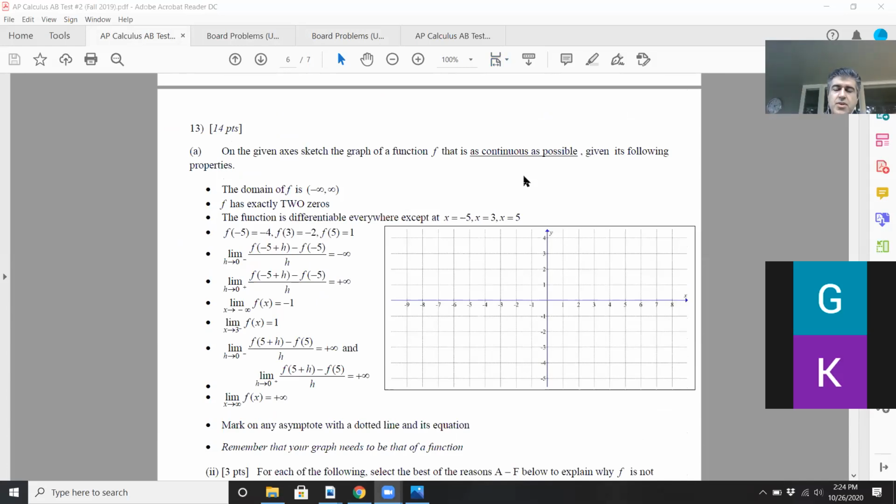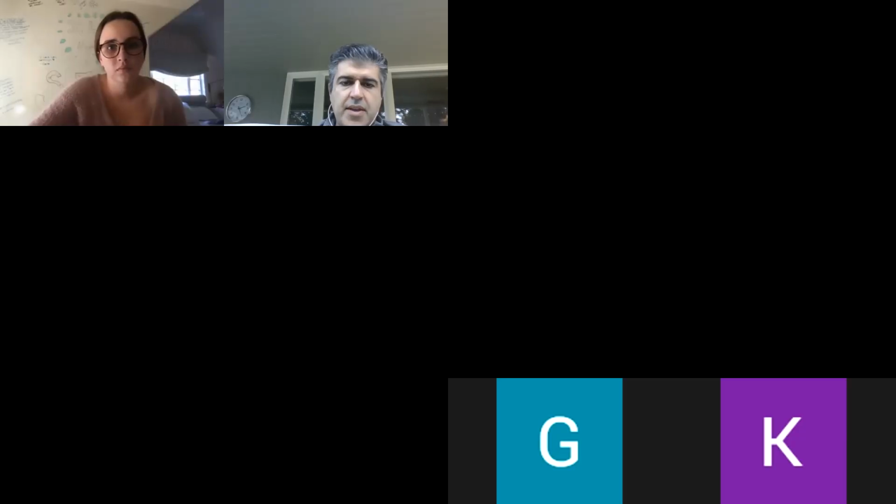Before I tackle 13, let's have a little bit of a conceptual discussion about corners, cusps, vertical tangents, all that stuff. So let me share a whiteboard. Okay.